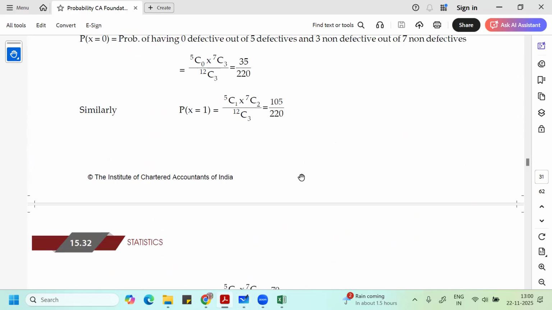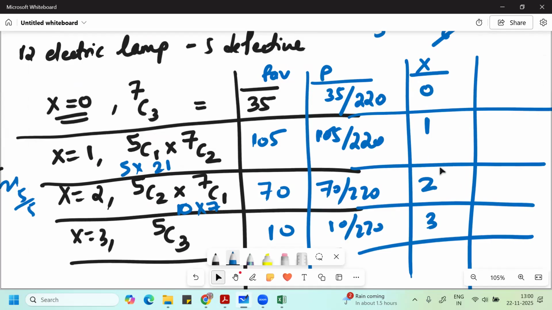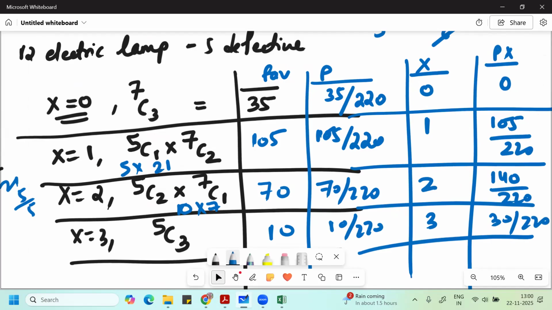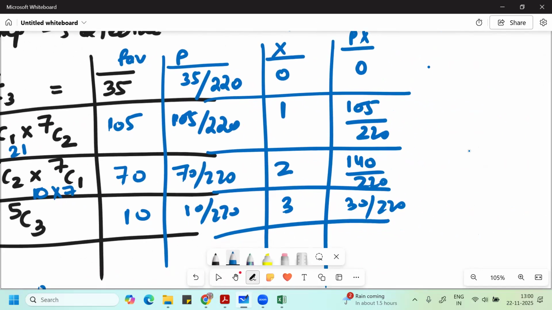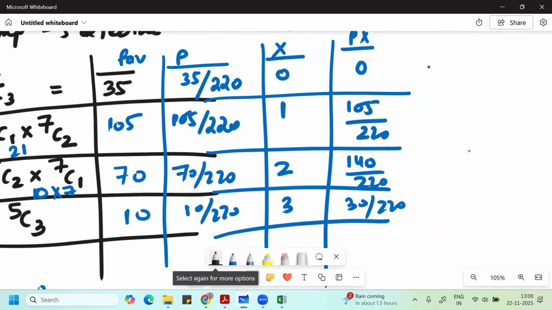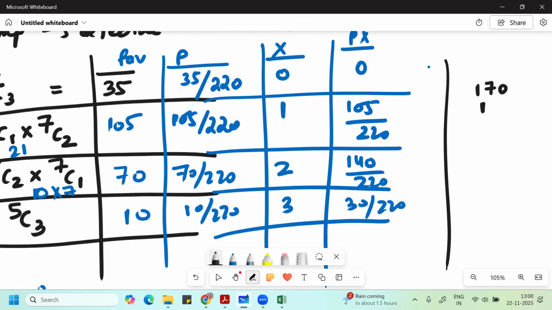They ask for the expected number, which means multiply the probability into the X value: 0, 105 by 220, then 140 by 220, and then 30 by 220. Adding 140 plus 30 is 170, plus 105 is 275 by 220. That is your expected value.